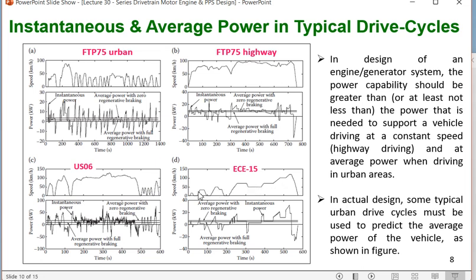So there are 1, 2, 3 stops, but then it is quite a long stretch, where the x-axis is time, of high acceleration and good driving experience for ECE 15. So these are different test conditions for a hybrid electric vehicle with series or electrical kind of coupling.